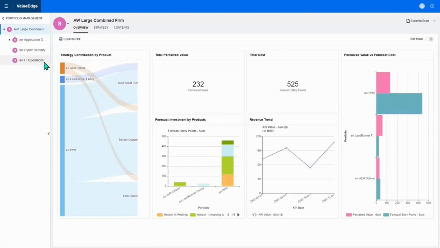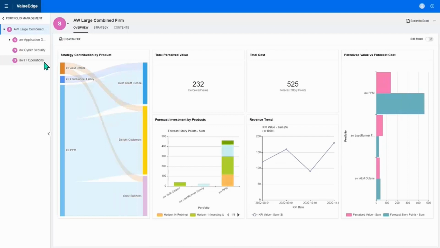Let's talk a little bit about what we're looking at here. This is a set of pre-fabricated, pre-configured dashboard pages that are set off by two different types of dashboards. These products that you're seeing highlighted on the screen, particularly in this first dashboard card, strategy contribution by product, include the product value streams themselves, as well as the strategic themes that they're aligned to.